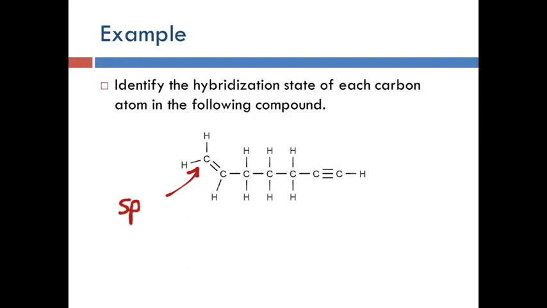Yeah, it's sp2, because we have 1, 2, 3 groups. So there's 3 groups. Then over here, this guy, what's his hybridization? He's got 2 groups, right? sp. So that's sp hybridized.